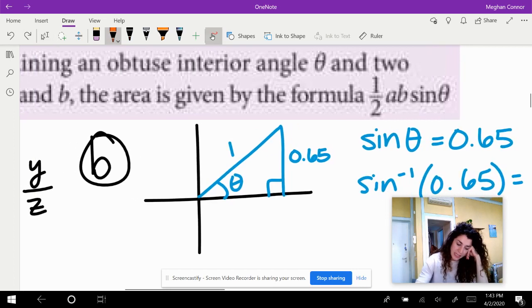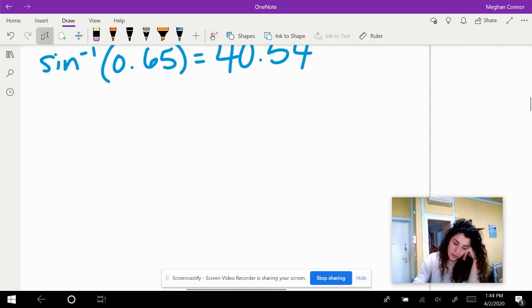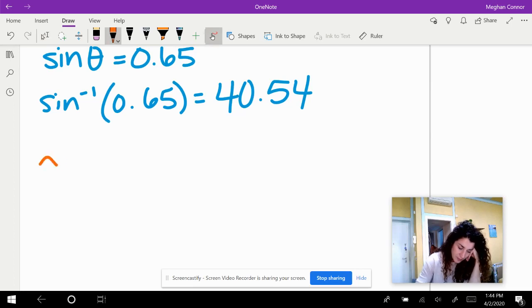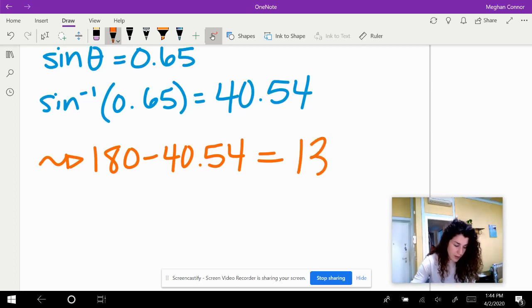And I know that the angle that completes this angle, the angle that is supplementary to this angle, would also have a sine value of that. So I just need to figure out what the supplement is to that guy, which means I literally just have to do 180 minus 40.54, which is 139.458.